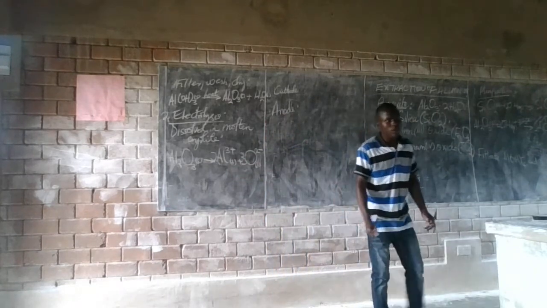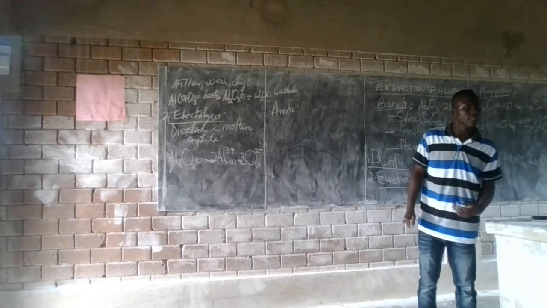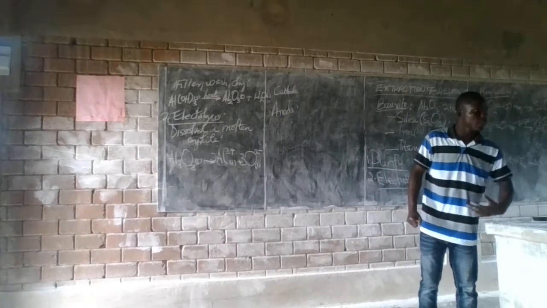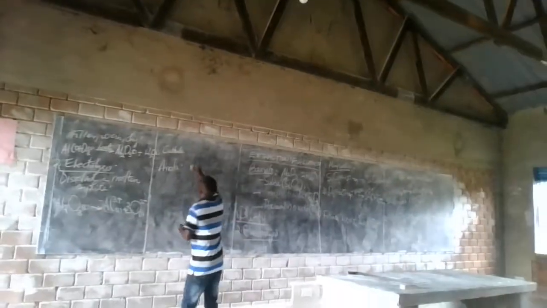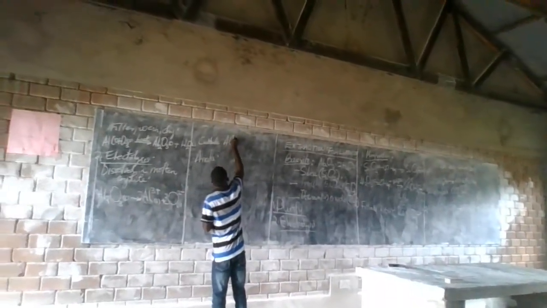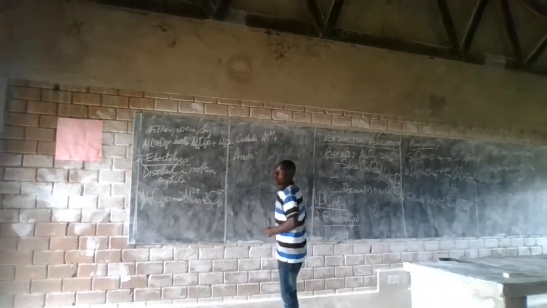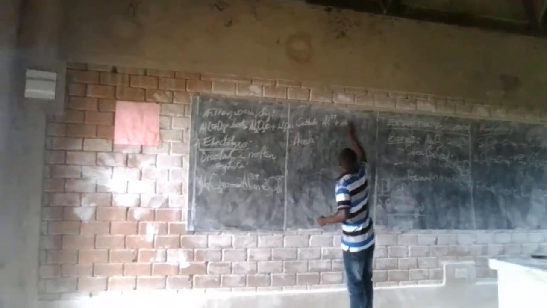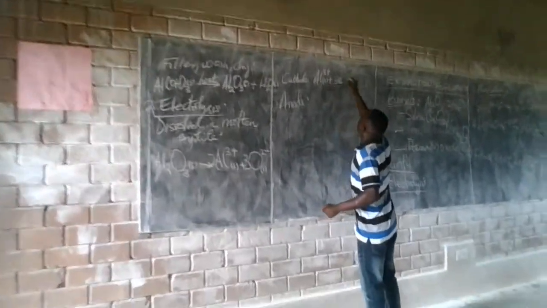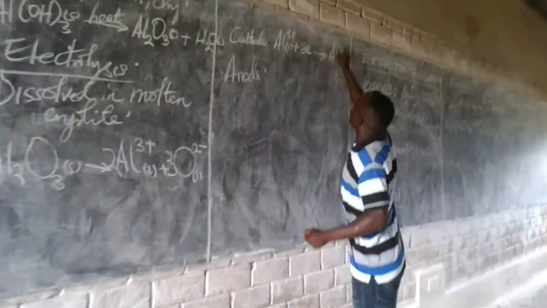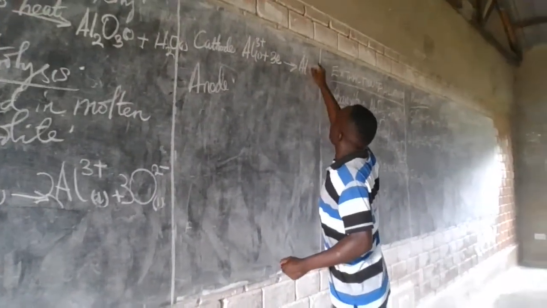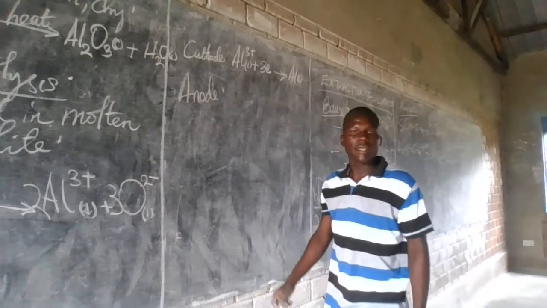When it goes to the cathode, it will get discharged to form the aluminium we want. So at the cathode, aluminium ion is going to get discharged. Okay? We form our aluminium, Al, in molten state.